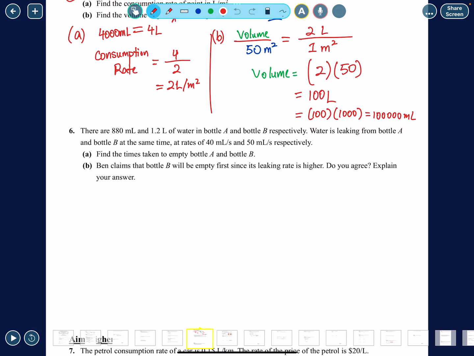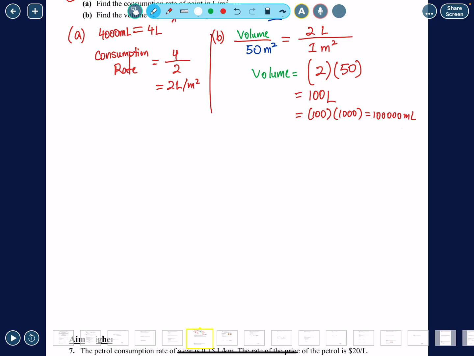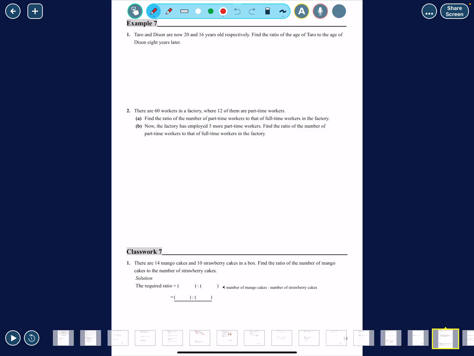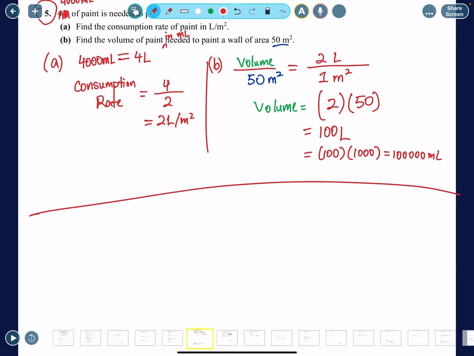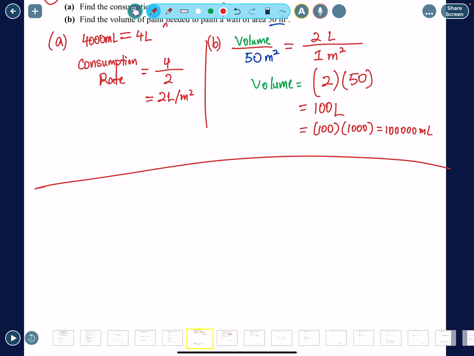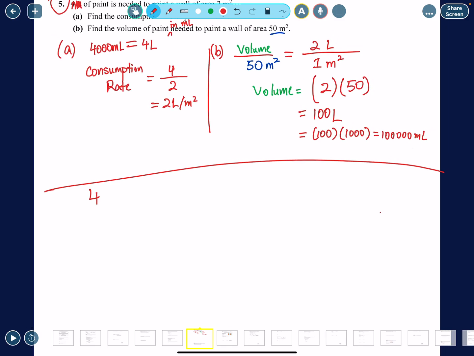We can add another question on top of that. Sometimes the question will ask, find how much area can you paint with not 4 liters, 10 liters, okay?